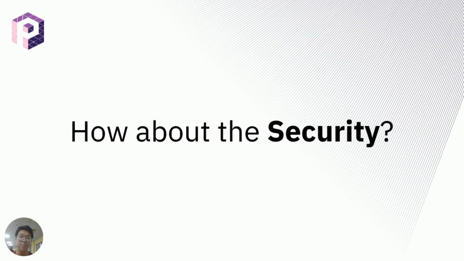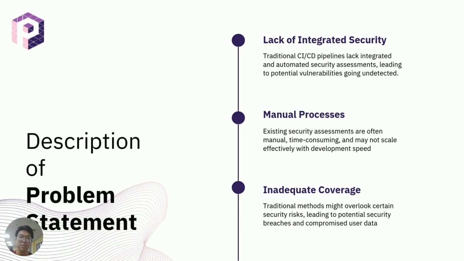So a question comes to mind: how about security during development? The problem statement here emphasizes the lack of integrated security. Traditional CI/CD pipelines lack integrated and automated security assessment, leading to potential vulnerabilities going undetected in the early stage.